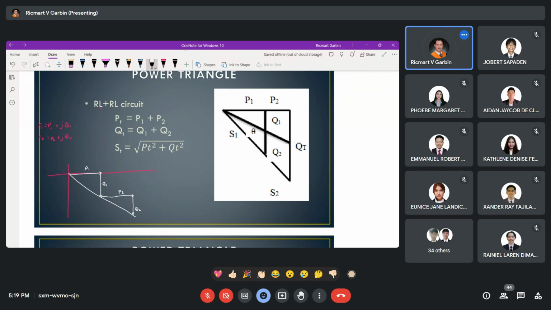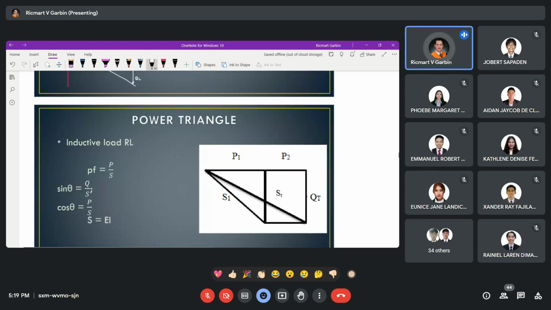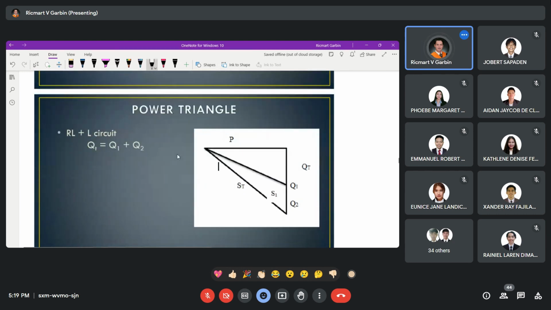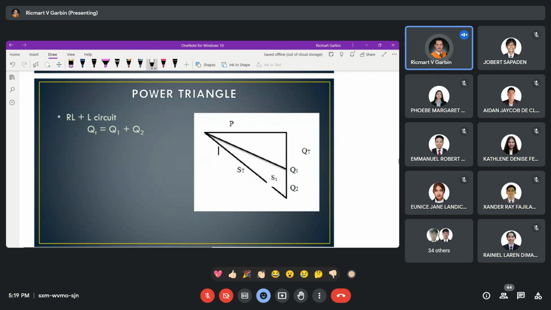Okay, so yan. Tapos, kapag inductive load, RL, P1, P2, tapos Q total ulit. Tapos, kapag RL, kapag dinagdagan mo ng isa pang L, retain yung ating original na P, kasi P1 lang naman yun.